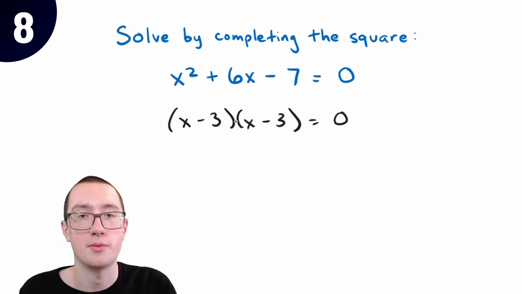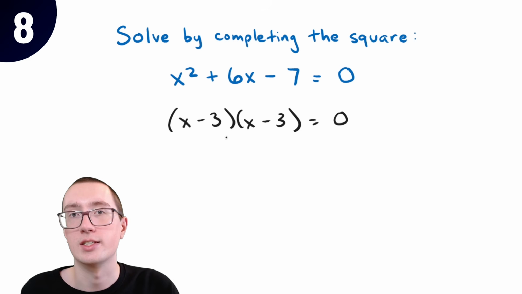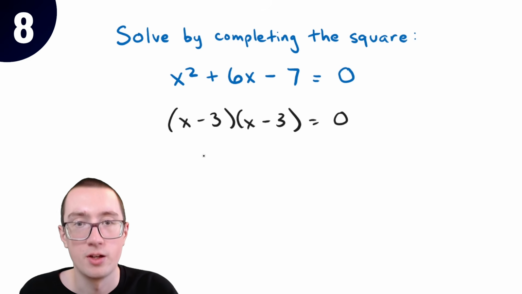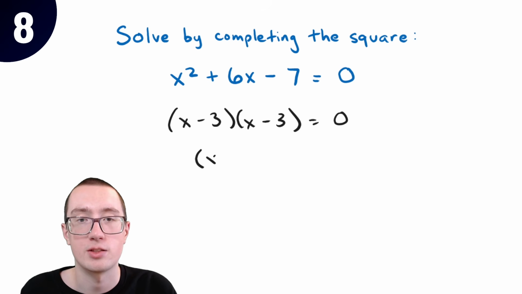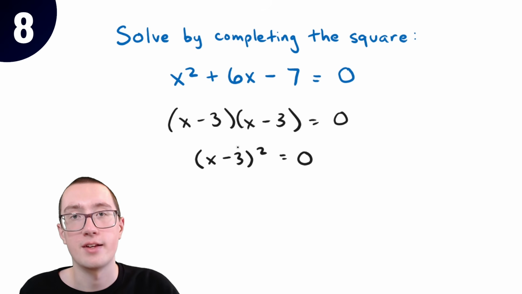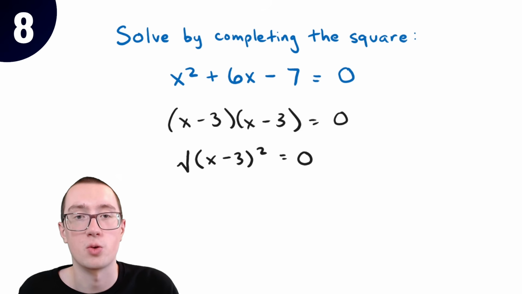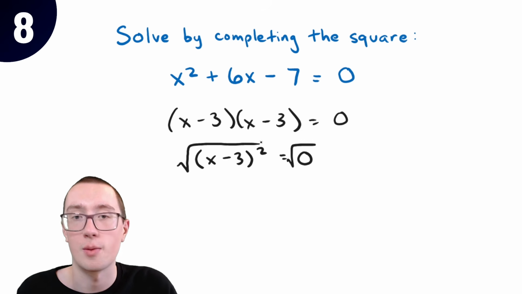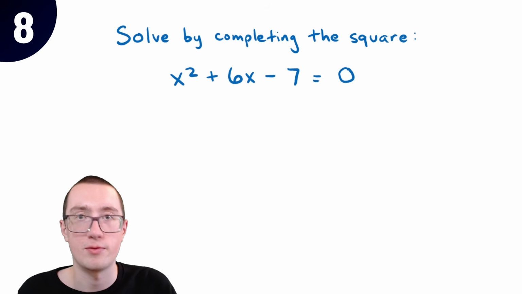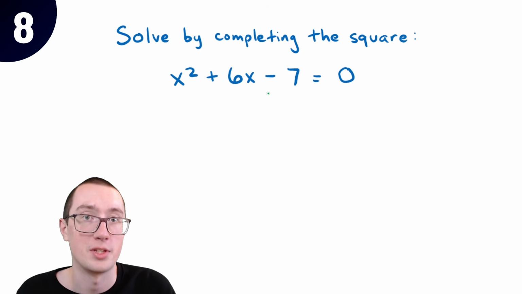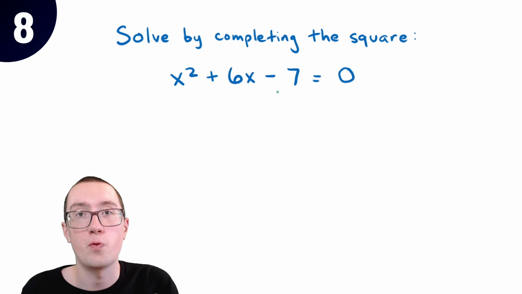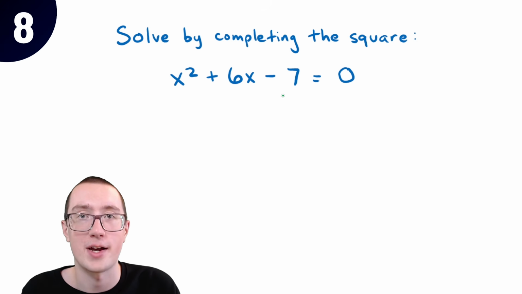Well, if you multiply something by itself, then that's the same thing as squaring. So this is the same thing as x minus 3 squared equals 0. And then this gives you the opportunity to just get rid of the squared by square rooting both sides, because that's the opposite of square. Now, this is not going to give you that perfect factoring situation. I mean, that's pretty rare. But we can actually force it to have that perfect factoring situation.